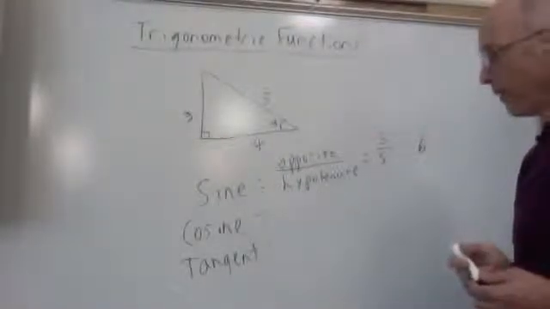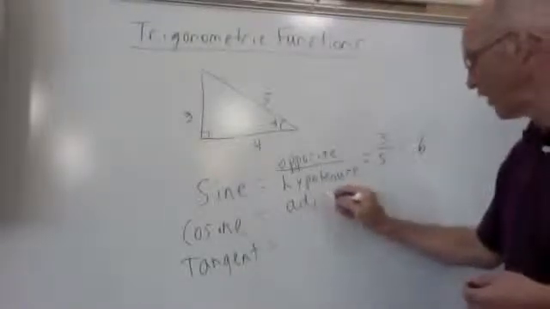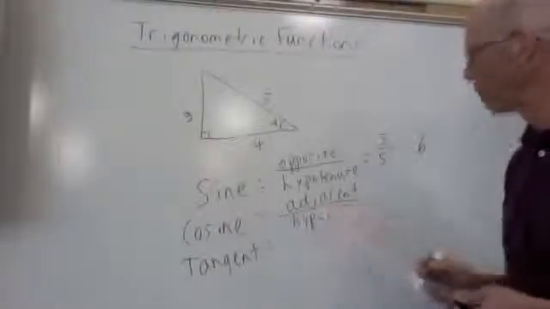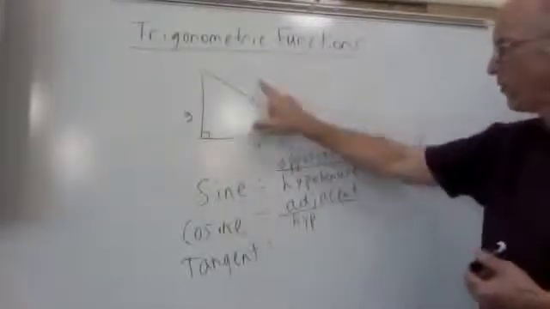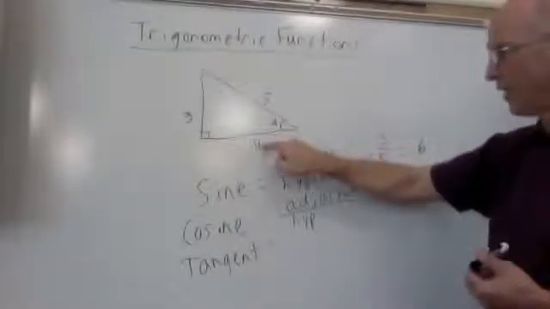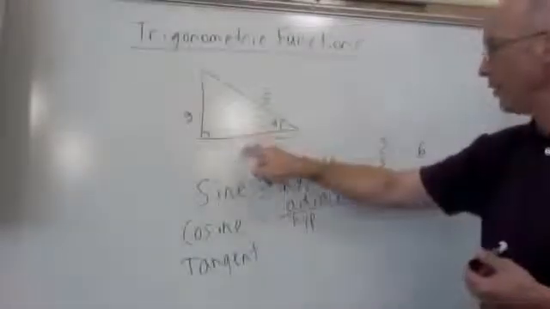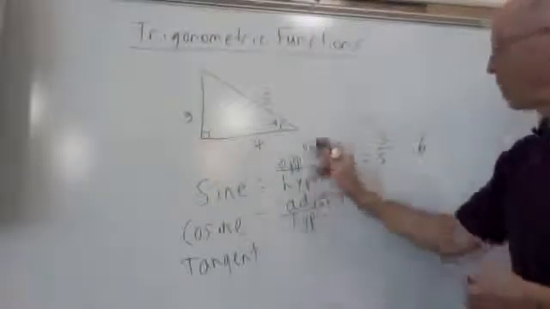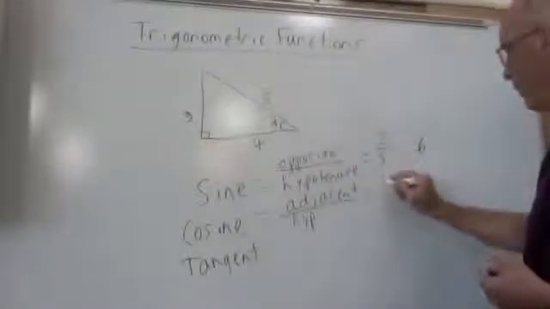The cosine is going to be what's called the adjacent side divided by the hypotenuse. The adjacent side is the one right next to it. Now look, I know there's two sides that are next to angle A, but it's not the hypotenuse, it's the adjacent side here. So from angle A, this is opposite, this is adjacent, this is hypotenuse. So the cosine for angle A is going to be 4 divided by 5.